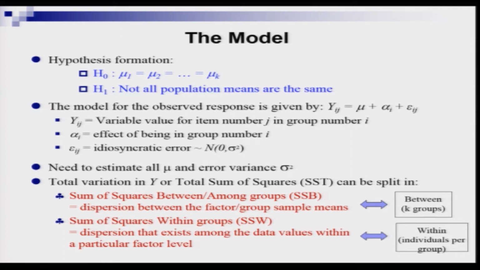The first part of the sum is the overall mean, denoted by mu, that is coming from the entire data set of y, and then alpha_i is the effect of being in group number i. That is a fixed or systematic effect that is present in all observations, and then epsilon_ij is the idiosyncratic error, which follows a normal distribution with constant variance. So that is basically the setup.